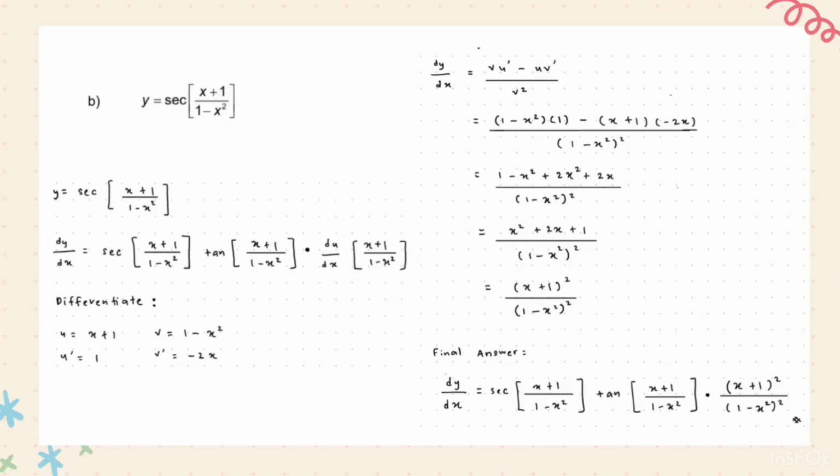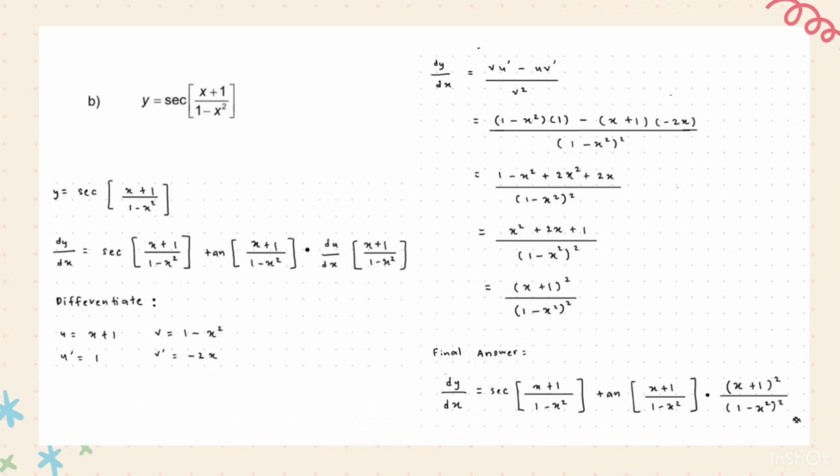So, dy over dx equal to secant of x plus 1 over 1 minus x squared, tangent of x plus 1 over 1 minus x squared, times du over dx of x plus 1 over 1 minus x squared.